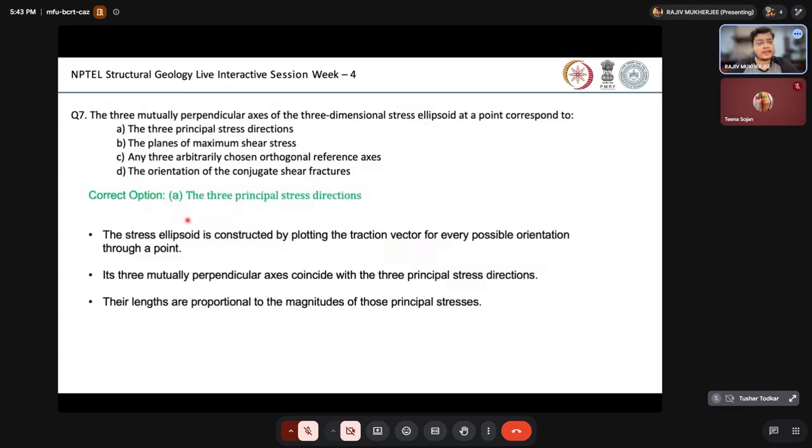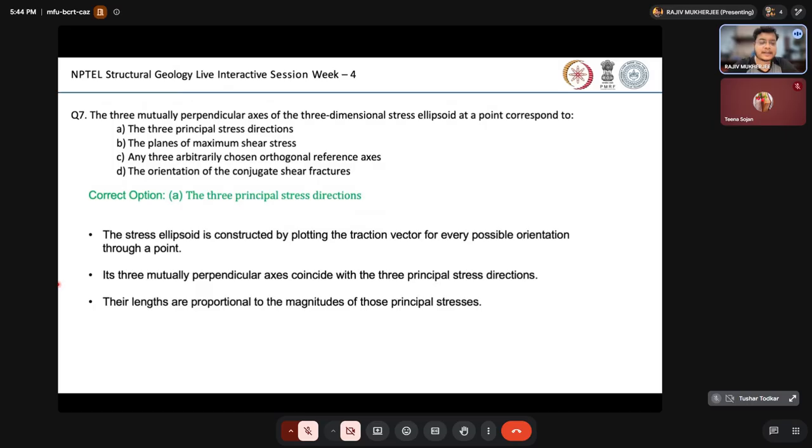So the largest axis, we generally consider as sigma 1. The length of the largest axis of the stress ellipsoid will be sigma 1, the intermediate length will be sigma 2, and the smallest axis length will be sigma 3.